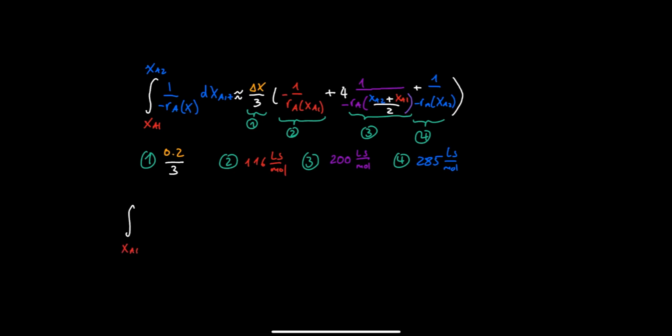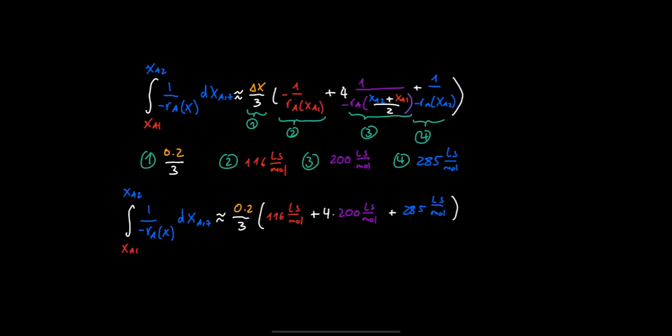Our integral from conversion A1 to conversion A2 of 1 divided by negative RA as a function of the conversion times d, the conversion of the species A at position C, is going to be around 0.2 divided by 3 times 116 liters second per mole plus 4 times 200 liters second per mole plus 285 liters second per mole, which will result in around 80 liters second per mole.